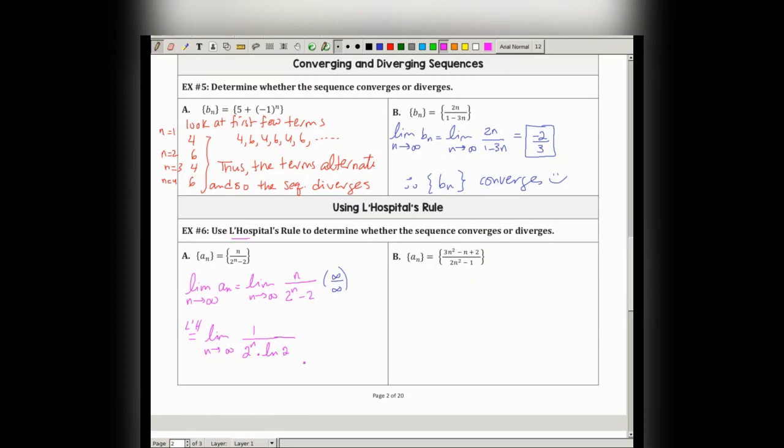Okay, and then the derivative of 2 is 0. We'll just put that there so no one gets confused with that too. All right, so now if I take the limit as n goes to infinity of 2 to the power n in the denominator, this is going to go to infinity, 1 over a very big number. This is going to tend to 0. And therefore, a sub n converges.